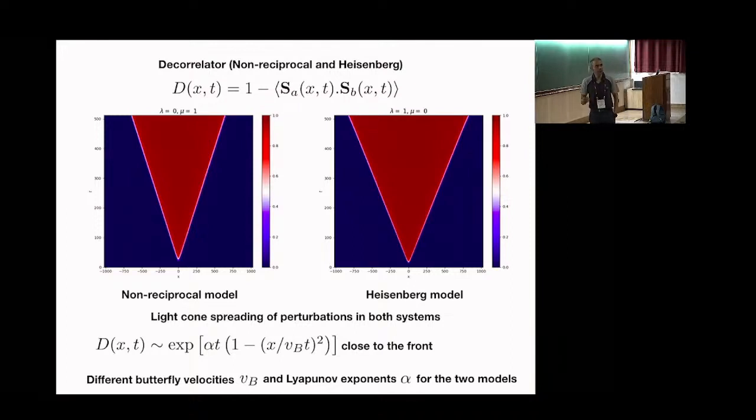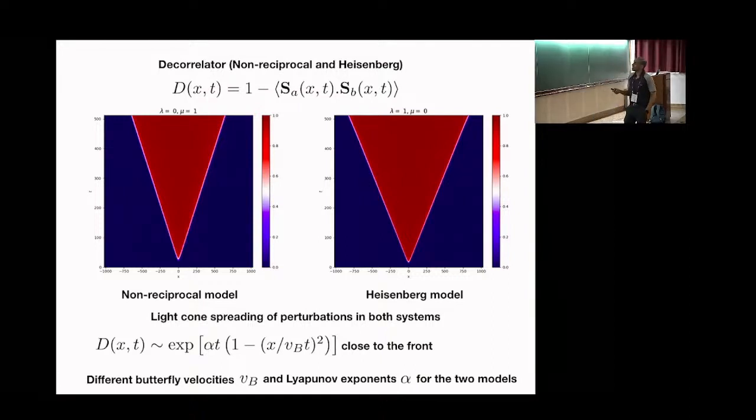In this particular case, close means that they differ in terms of the spin configuration only at one site, and the spins at all the other sites are exactly identical in the two configurations. That's your initial disturbance at time t equal to 0. Then you can calculate this quantity, and these are heat maps of this decorrelator. Where the decorrelator is large is where this initial disturbance has reached.